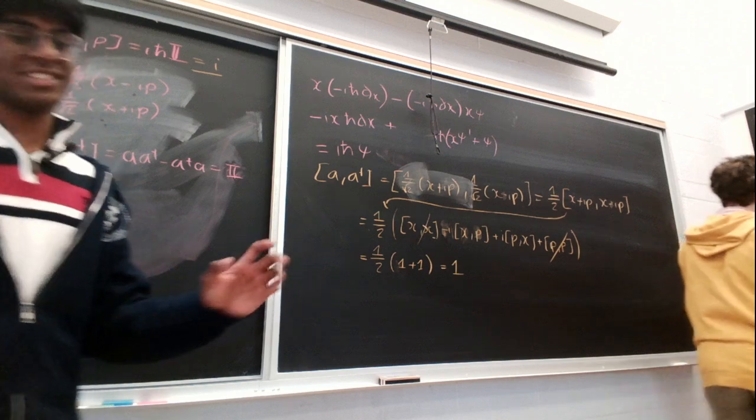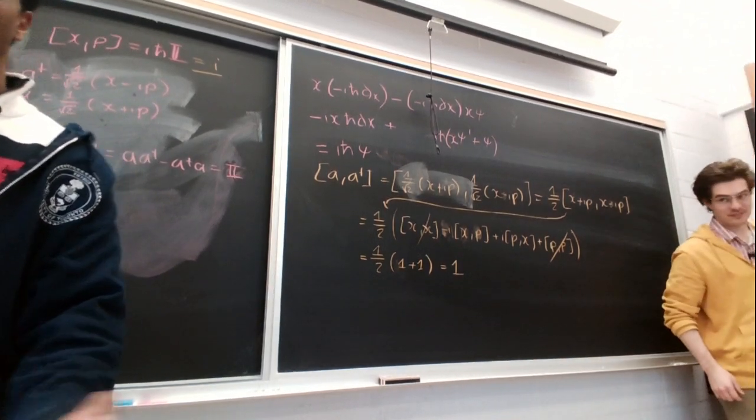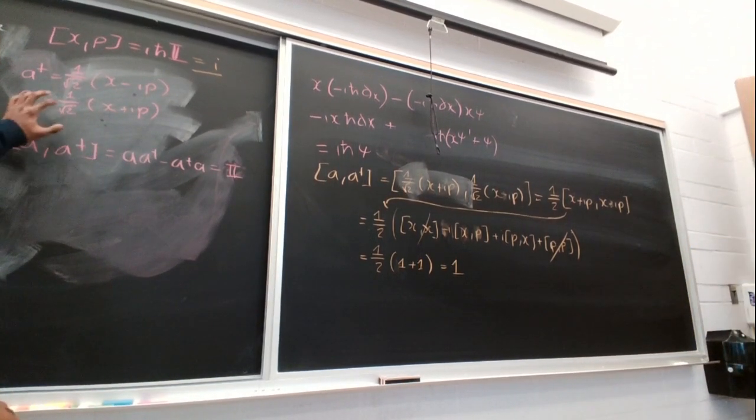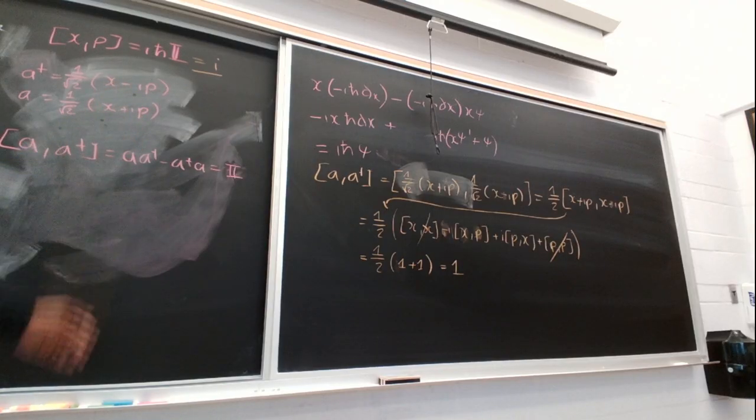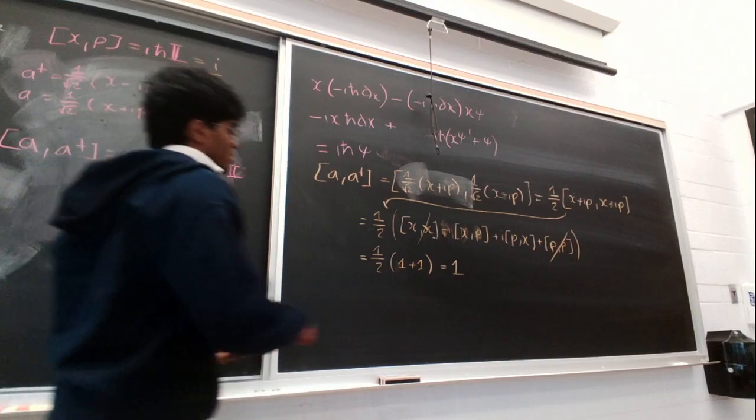Okay, the next part's easy. It's just algebra. Now we're going to take these and rewrite them for x and p. Honestly, it's just algebra, you guys got it unlocked, so I'm just going to write the answer. Actually, I'll show the work. It's not that hard.